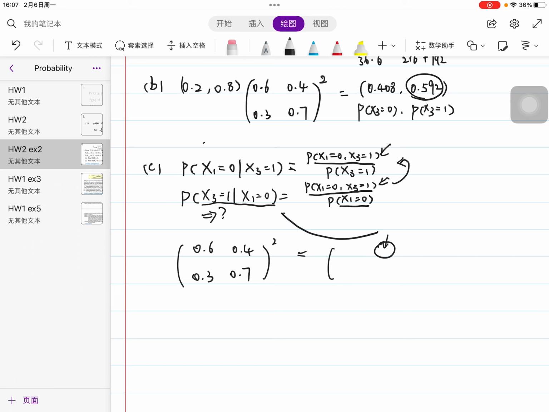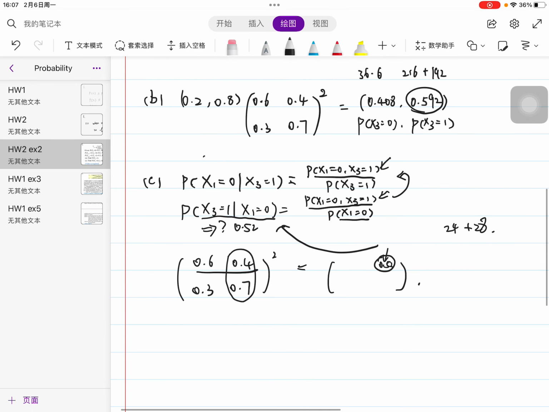So here it is our answer for this, right? This is the first row times the second column, so that is 24 plus 28, that is 0.52.